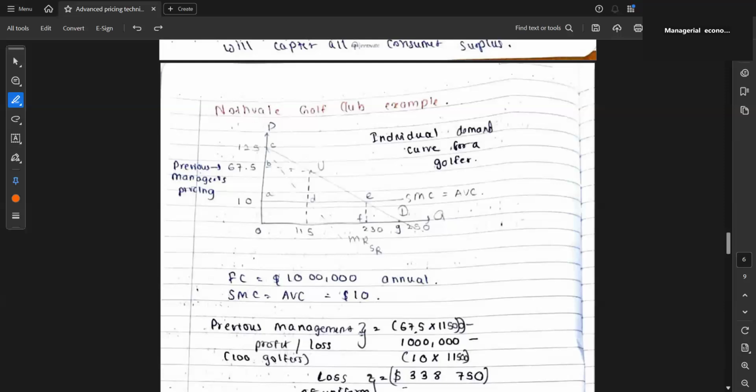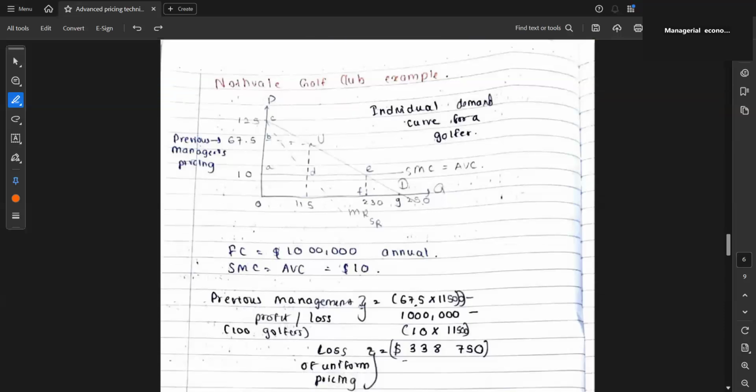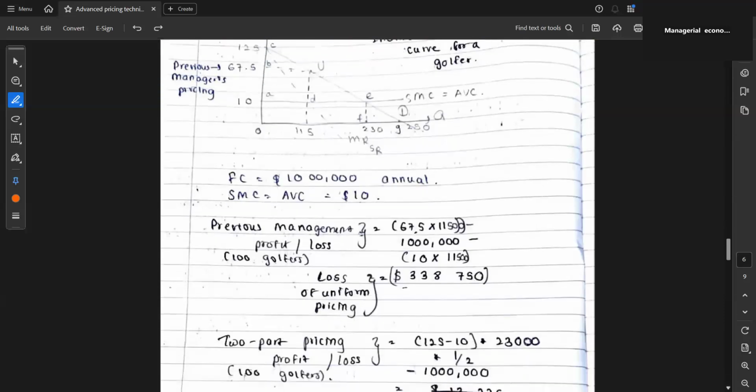Now, another manager has come to Northwell Golf Club and he's going to implement price discrimination. Here, we are assuming there are 100 golfers in the club, and all these golfers have identical demand.